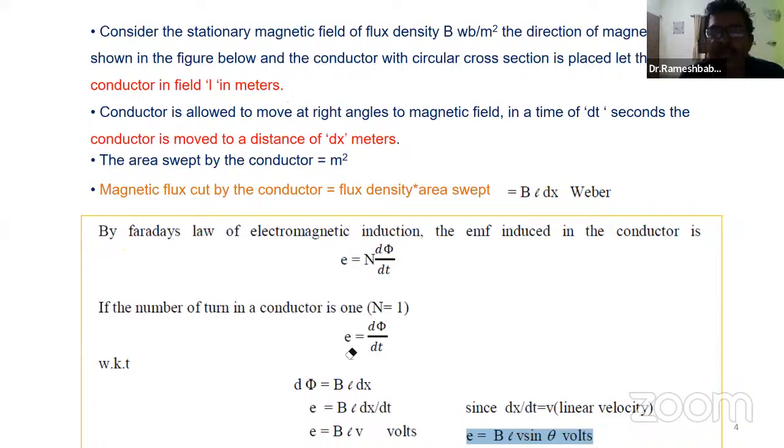Here N is equal to 1. As per the first unit, as I had discussed, the dynamically induced EMF derivation gives E equal to BLV, right? B is the flux density, which is created from the magnet. L is the length of the conductor. V is the velocity.